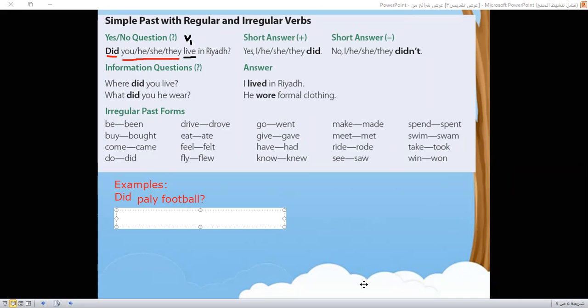Did you play football? You're going to answer yes or no because it's a yes or no question. Yes, I did. Or if it was no, you're going to say, no, I didn't. Yes, I did, or no, I didn't.